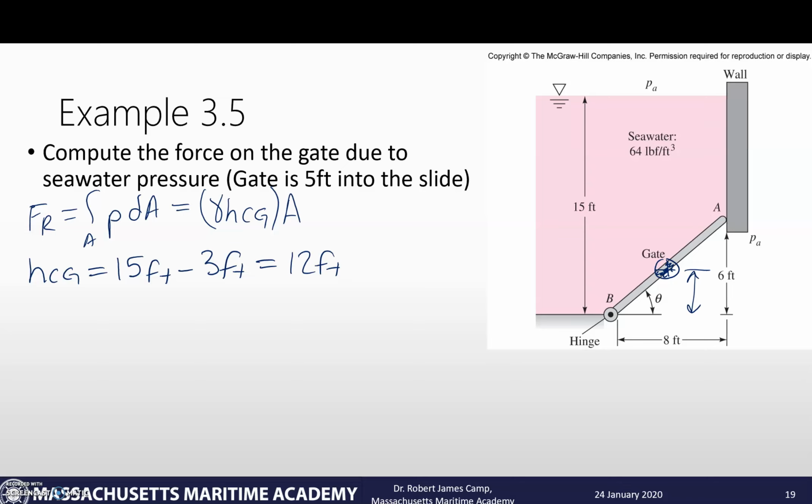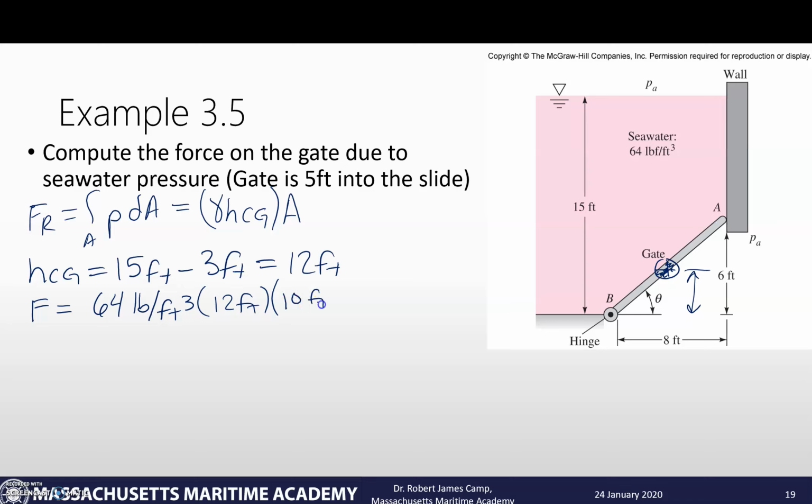Now we can calculate the force. It's going to be 64 pounds per cubic foot, the specific weight of the water, times the height to the center of gravity, 12 feet, times our area. It's a rectangular area. Once again, 3, 4, 5 triangle, so between A and B it's 10, and it's 5 feet into the board.